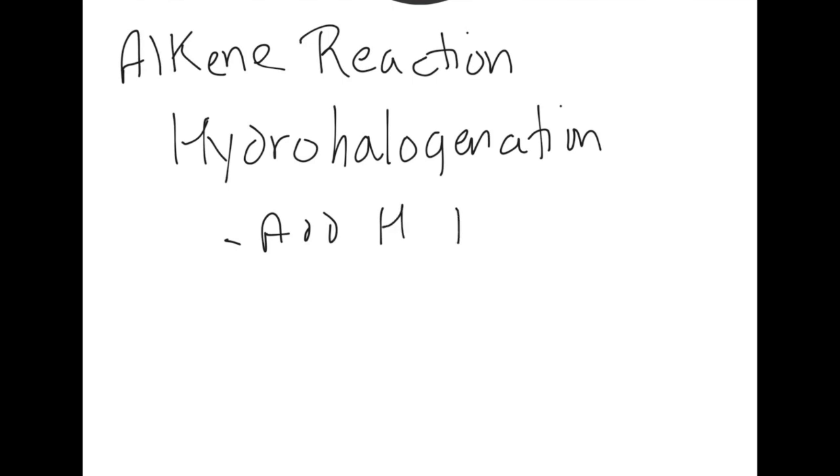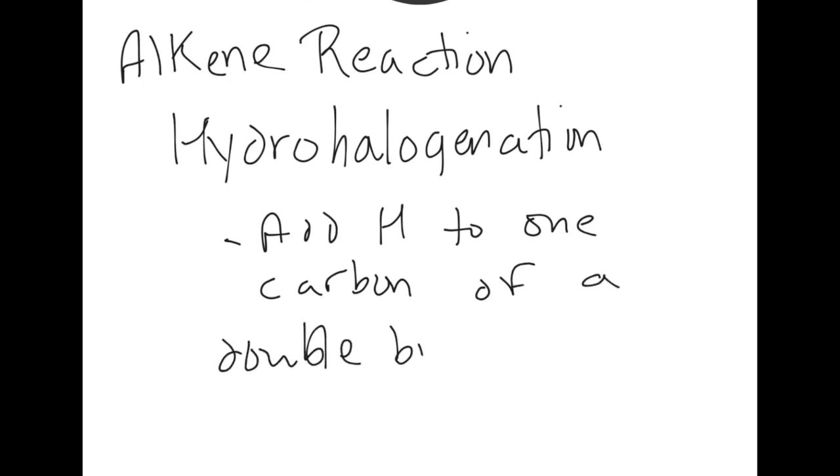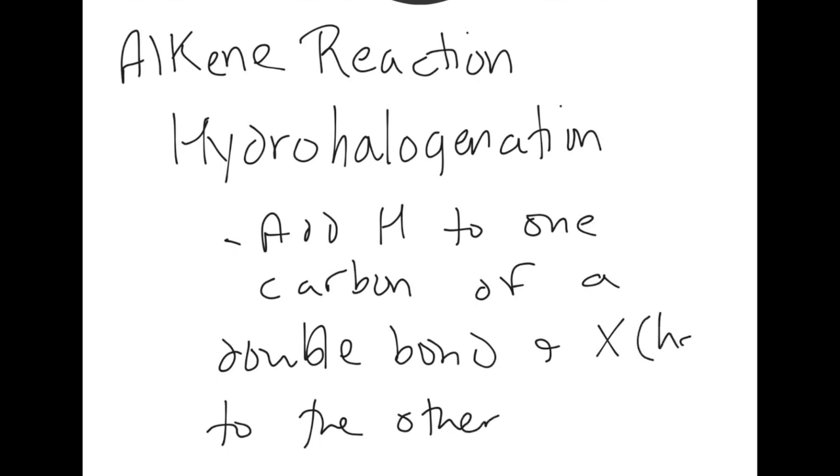You add H to one carbon of a double bond and X, a halide, to the other. So you're adding HX across your double bond. Hydrohalogenation: hydro, you're adding a hydrogen; halogen, you're adding a halogen.